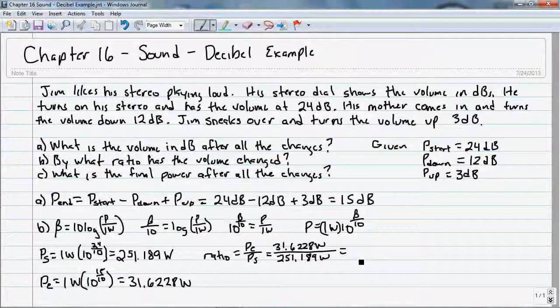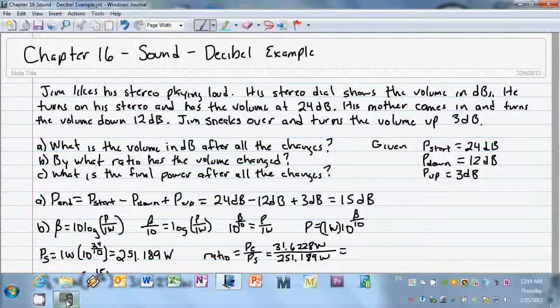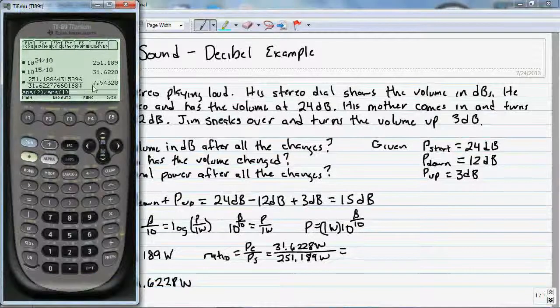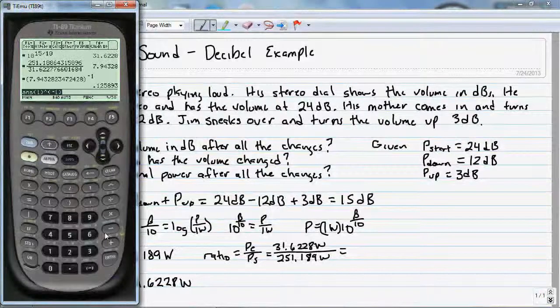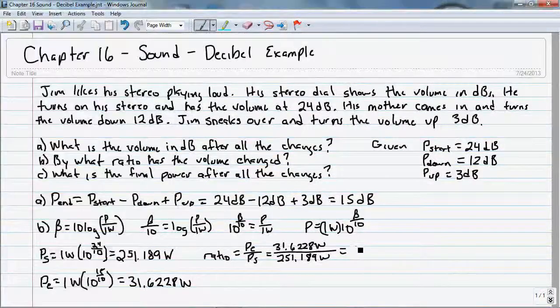Because the volume's going down, the ratio's got to be smaller. Sorry about that. So we're just going to take the reciprocal of the answer. And it's about 0.126. Okay, so that's one way of solving it.